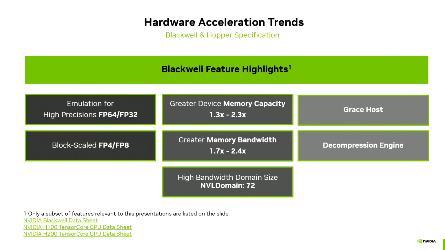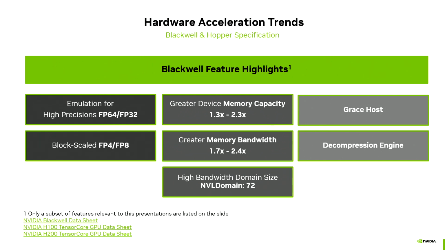And another key factor to consider is that we continue to support FP64 and FP32, but the rate of increase of these two numerics on the hardware is not similar to what we have seen in the past. And as a result of that, libraries have now opted for emulation, and we will be showing through this presentation how emulation can be a really powerful technique in delivering performance for these precisions.